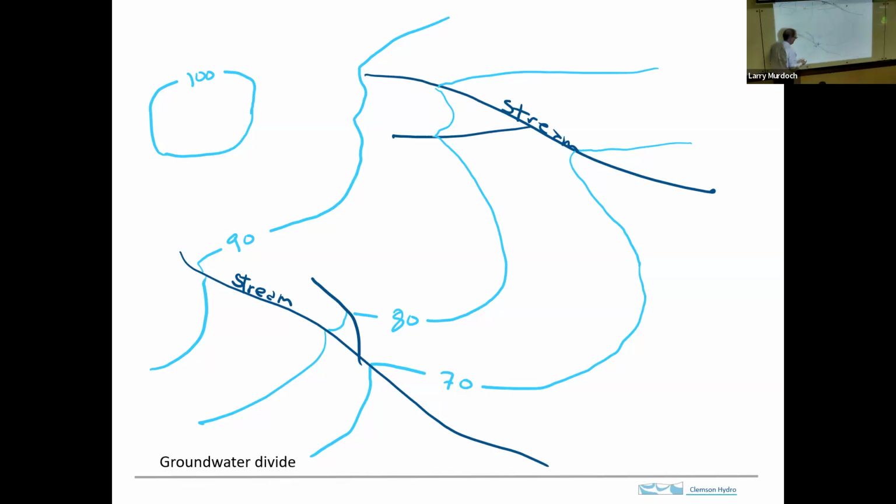So the stream is gaining. Same with here and here. And here. And then they curve around like this. And so there's a divide right here. And water that infiltrates here is going to that stream, and here it's going to that stream.